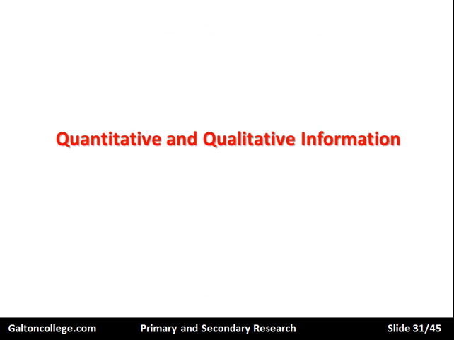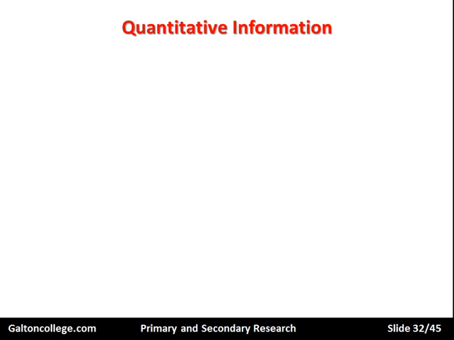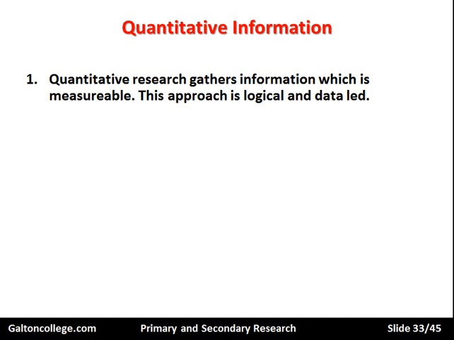Now, quantitative and qualitative information. Well, quantitative, for a start, this is measurable. It's logical, it's data, it's quantitative, so it's possible to count up, add, subtract, multiply, work out percentages, work out trends.